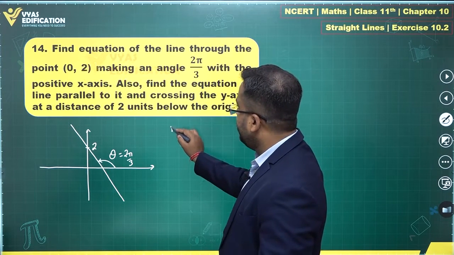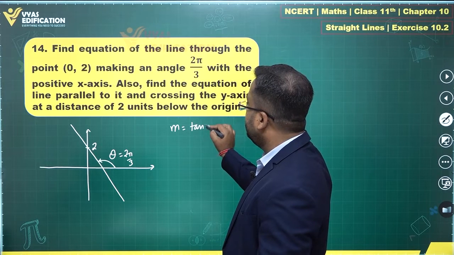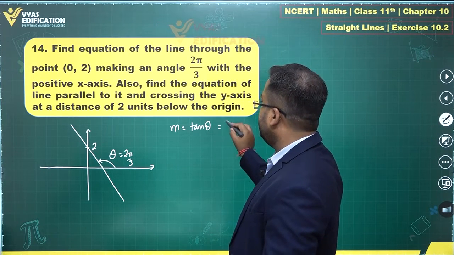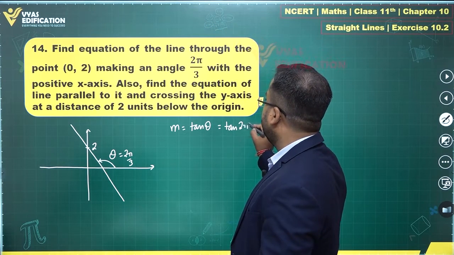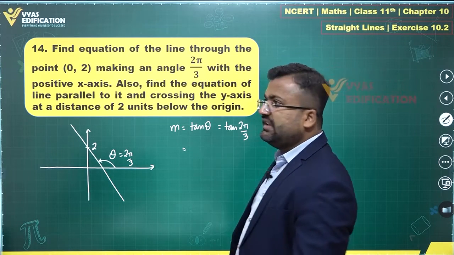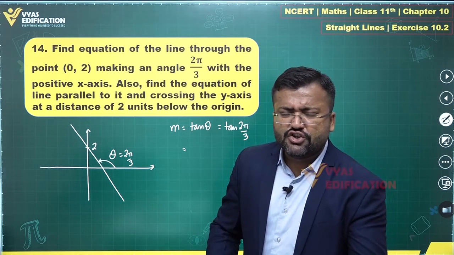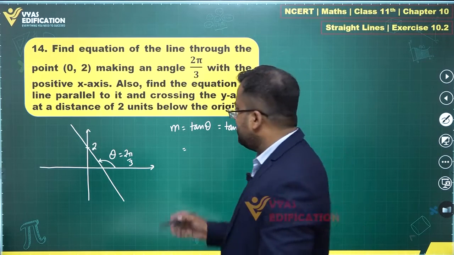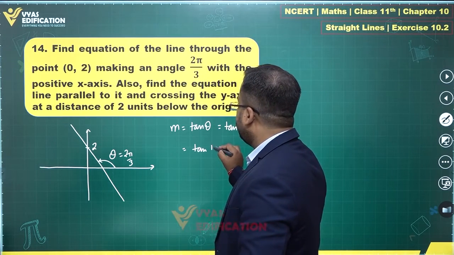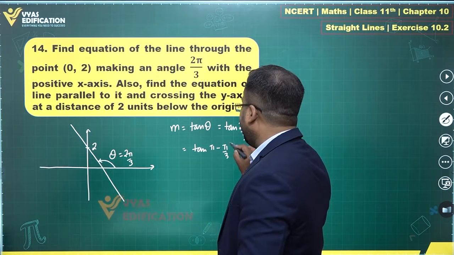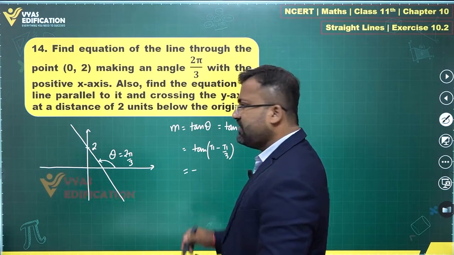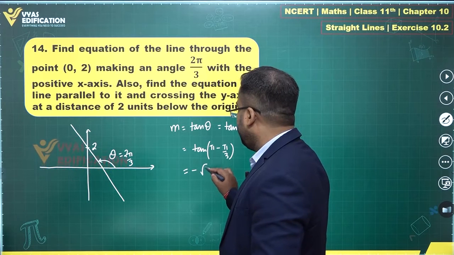The slope m will be tan theta, which is equal to tan 2 pi by 3, tan 120 degrees, or you can say tan of pi minus pi by 3. You should be aware of the value by now. Using allied angles, this is minus of tan pi by 3, which is minus root 3.